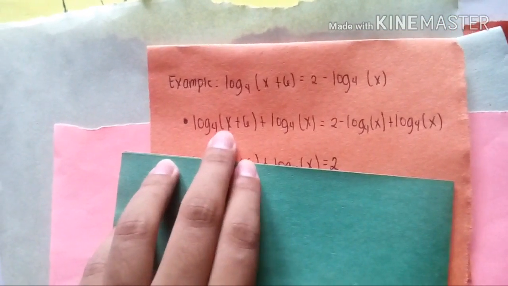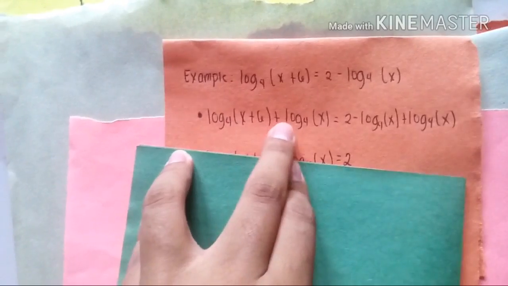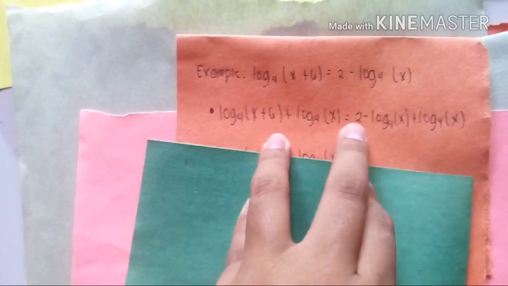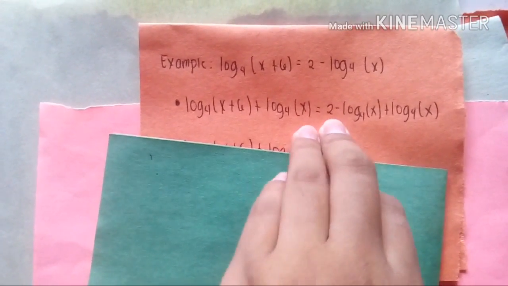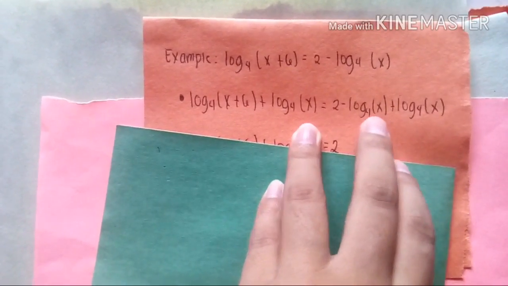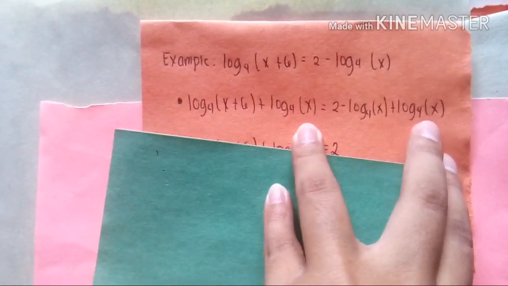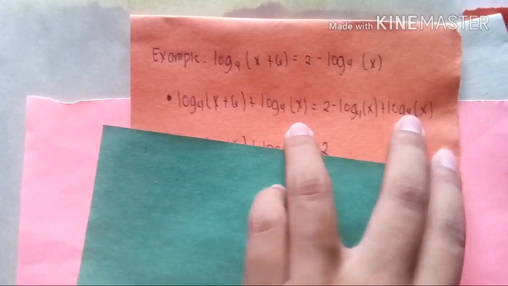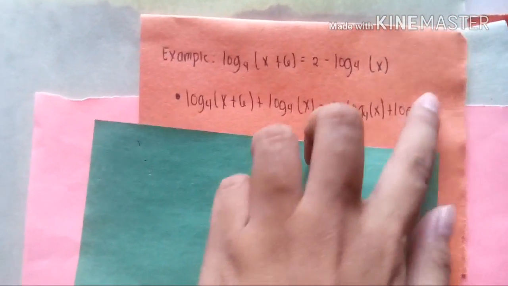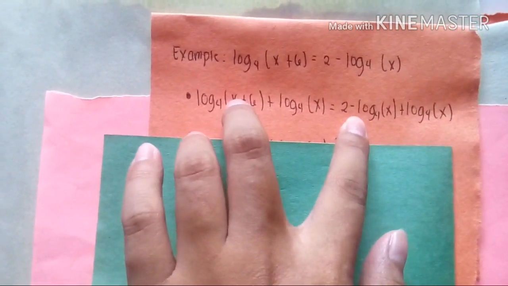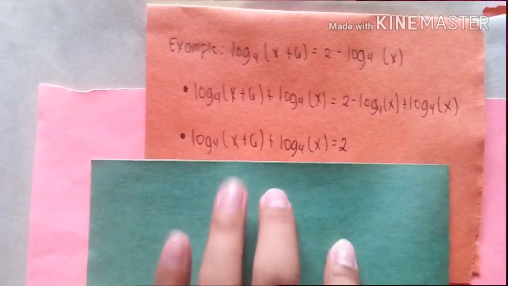Log of 4x plus 6 plus log of 4x equals 2 minus log of 4x plus log of 4x. So if we cancel it, the answer will be this.